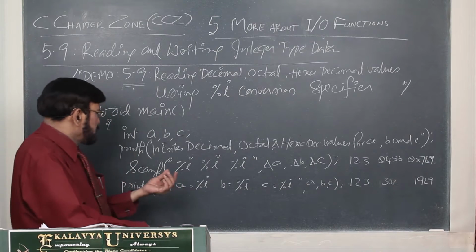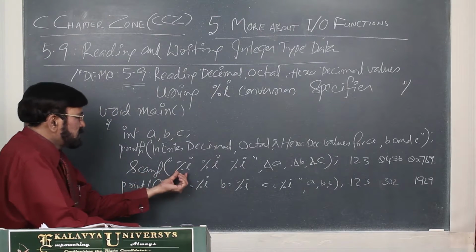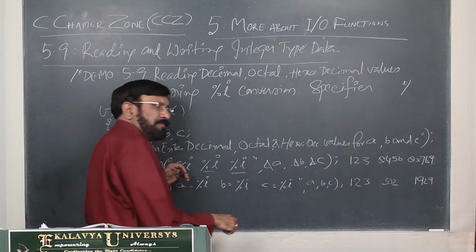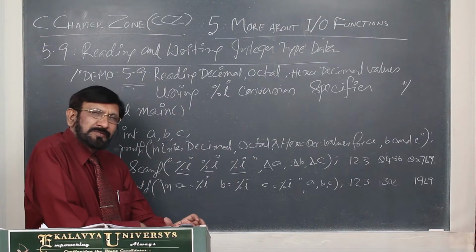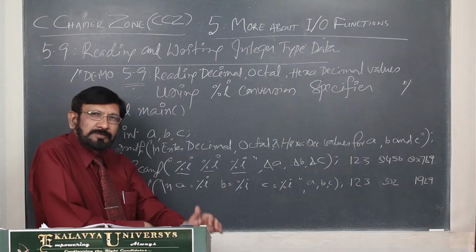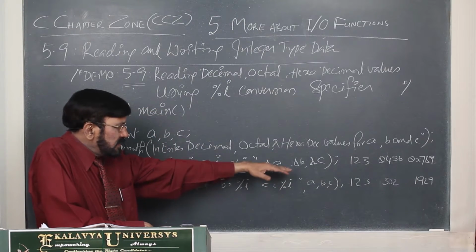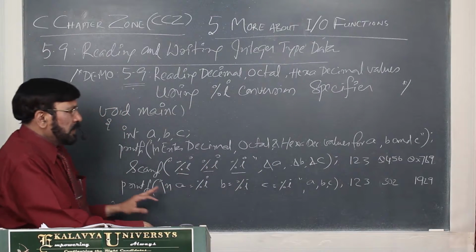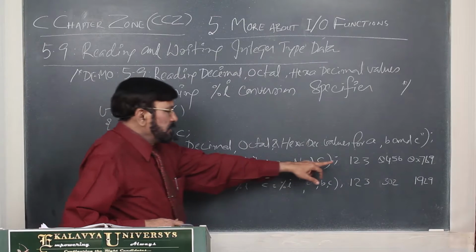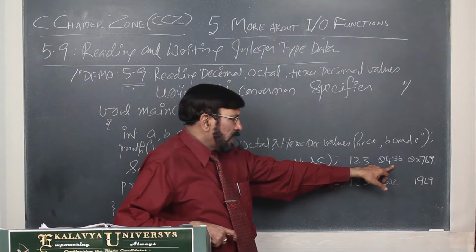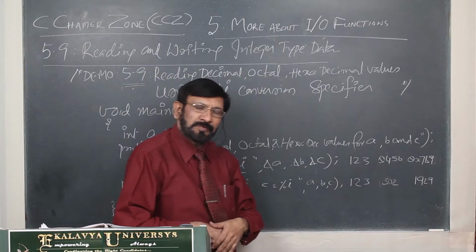Understand? Here you see that for scanf, %i and %i. These types of things you can remember specifically when you write a program. Otherwise, you may understand at the juncture, but subsequently forget. Okay, now I have successfully given these values: one decimal value, one octal value, one hexadecimal value.